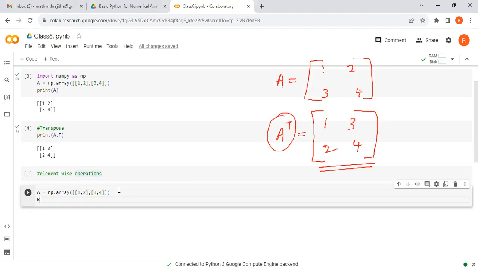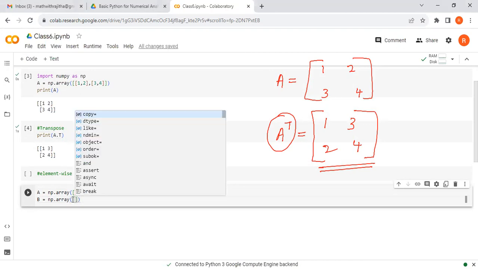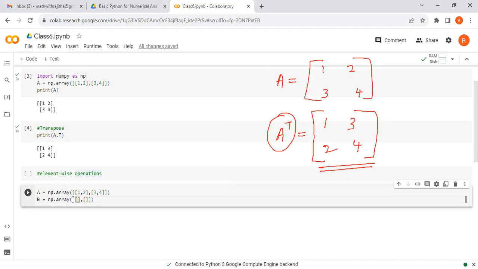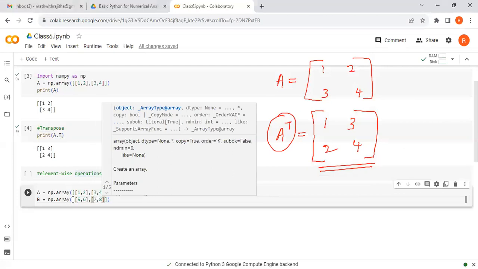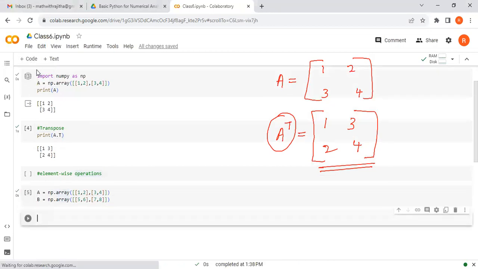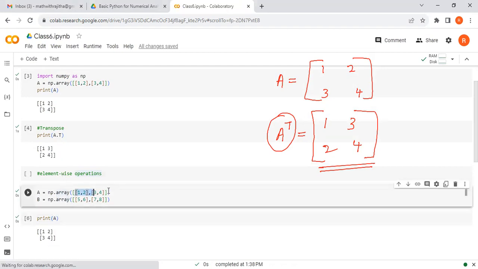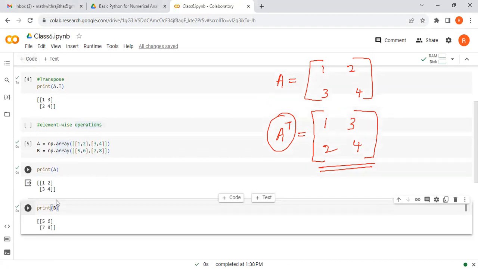B equals np.array, 5, 6, 7, 8. Print A. Okay, that's fine. Print B. 5, 6, 7, 8. That's fine.